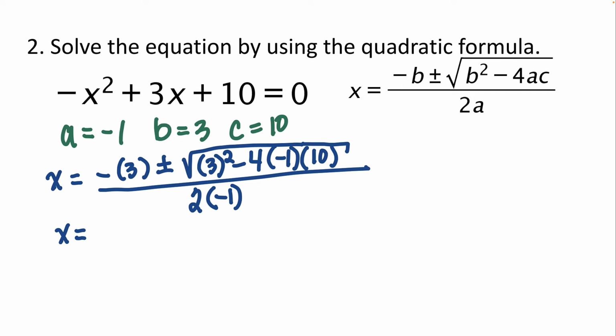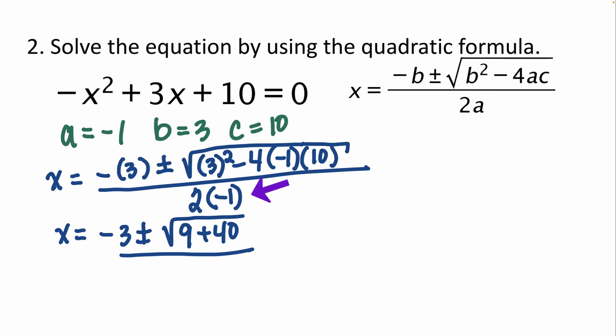So x would equal negative 3 plus or minus the square root. 3 squared is 9. Negative 4 times negative 1 would equal positive 4 times 10 would give us positive 40, divided by 2 times negative 1, which would be negative 2 in the denominator.